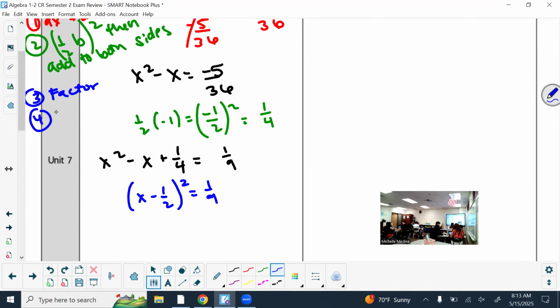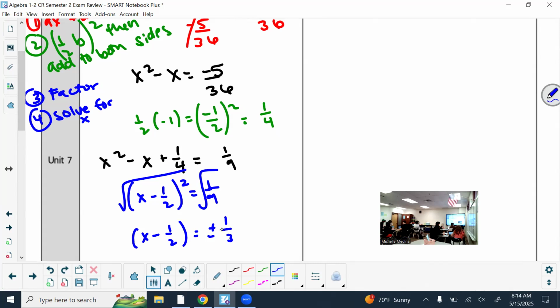And then step 4 would be to solve for x. And that would involve you undoing what's being done, what's opposite of squaring. Do that on both sides. You can use your calculator for that. You get plus or minus 1/3, I want to say, off the top of my head.